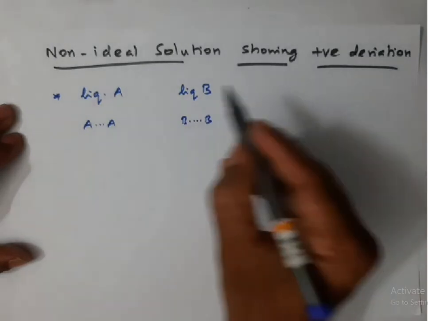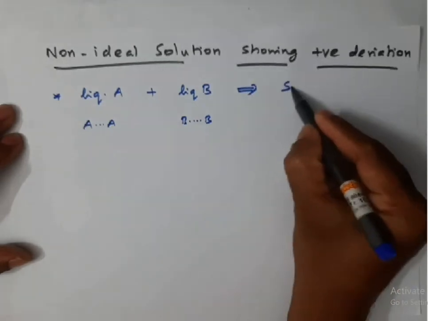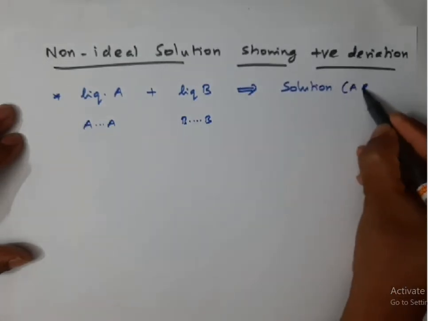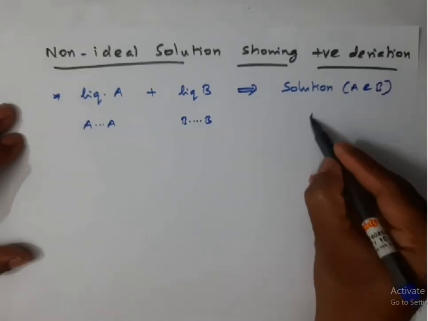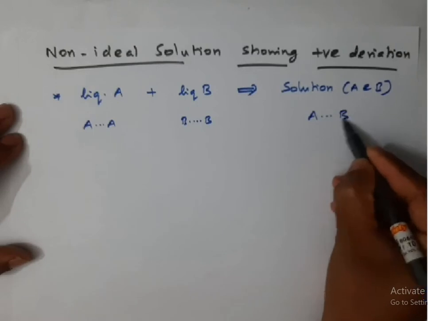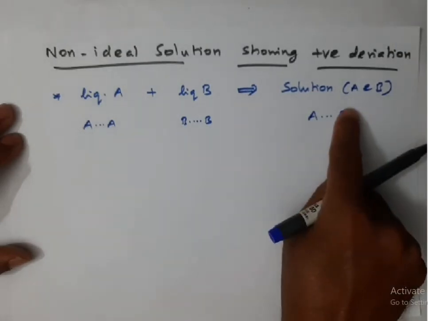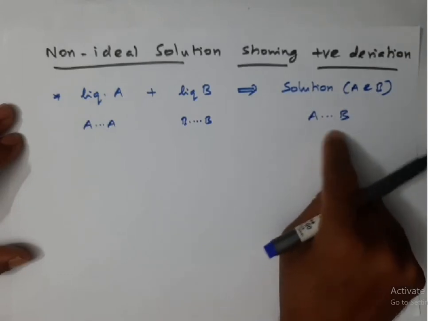Now if I mix the two, I'll get a solution containing A and B. In the solution we have a new attraction between A and B molecules.